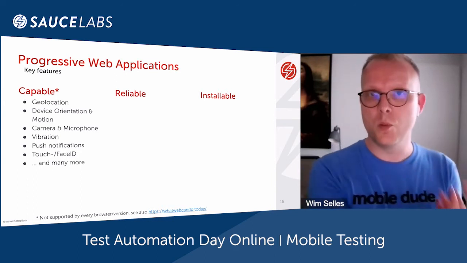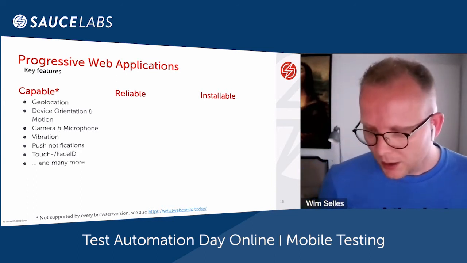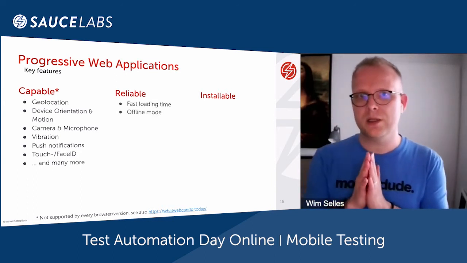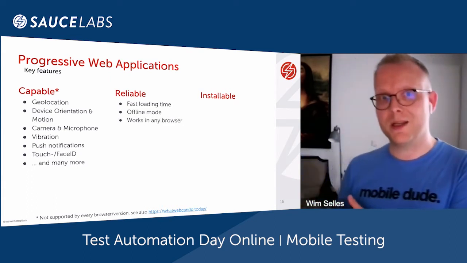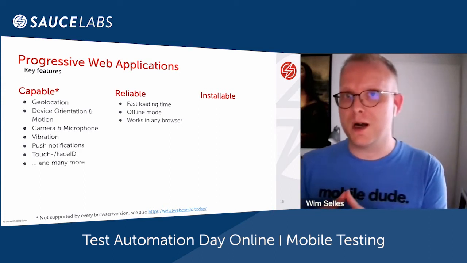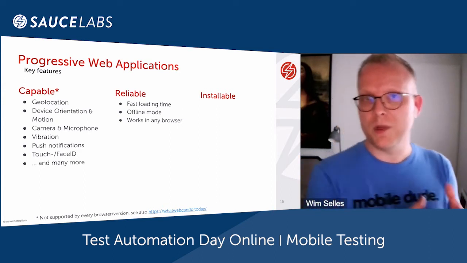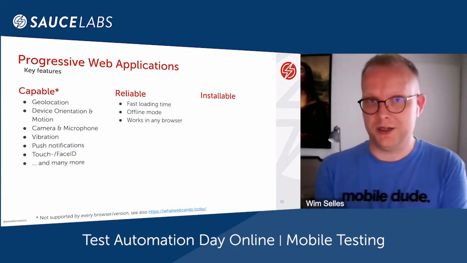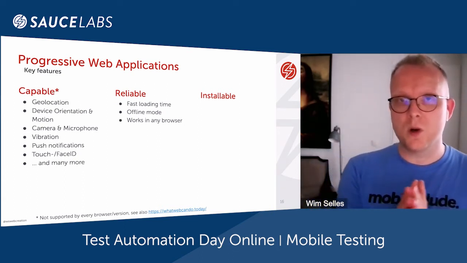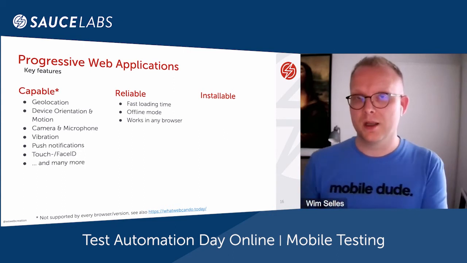PWAs give you more access to it. Then if we think about reliability, the advantage of PWAs in comparison to web applications is that they have a very fast loading time. What I mean by that is that they use extra caching in the PWA that you would normally not have on a normal website.